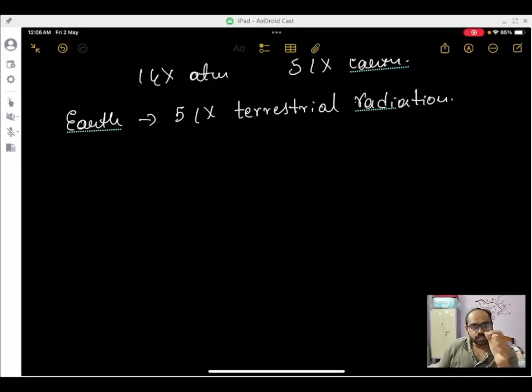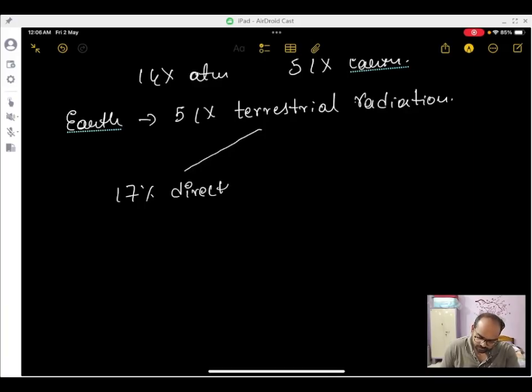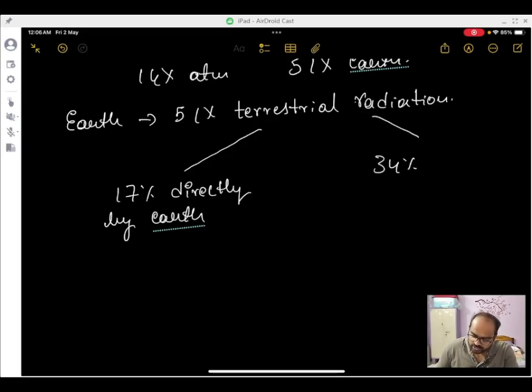Out of this 51%, 17% is radiated directly by Earth, and the remaining 34% of terrestrial radiation is absorbed by the atmosphere.